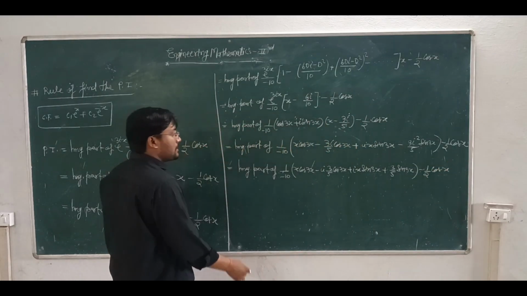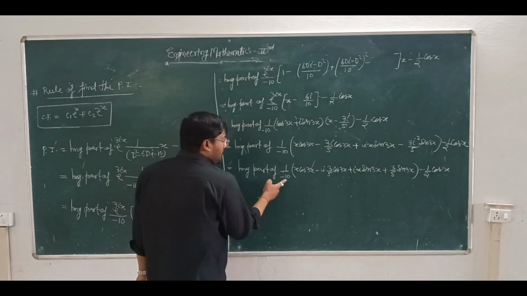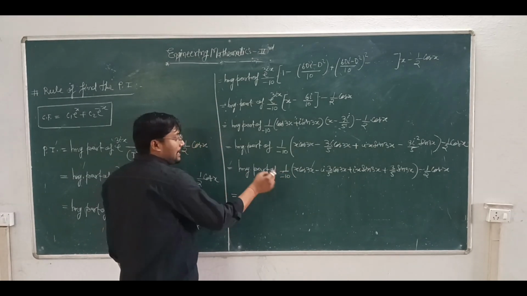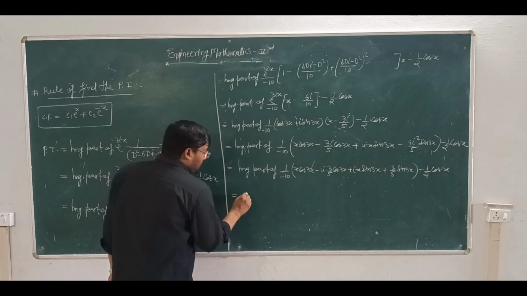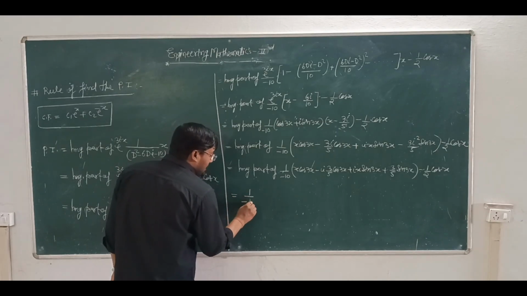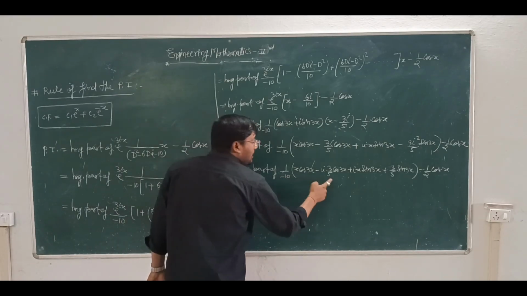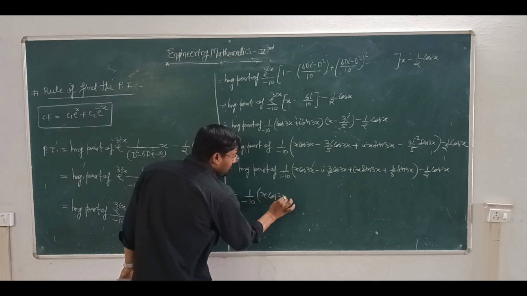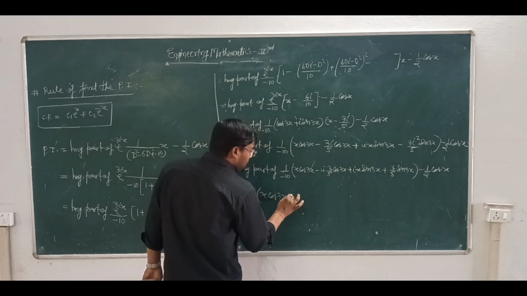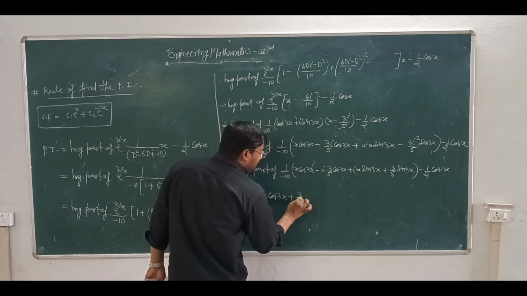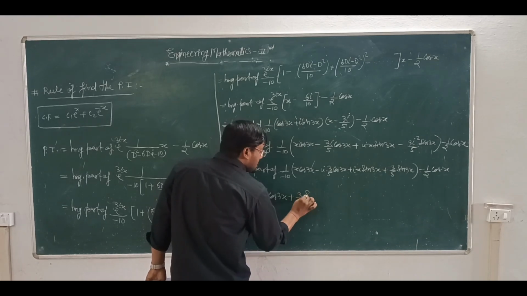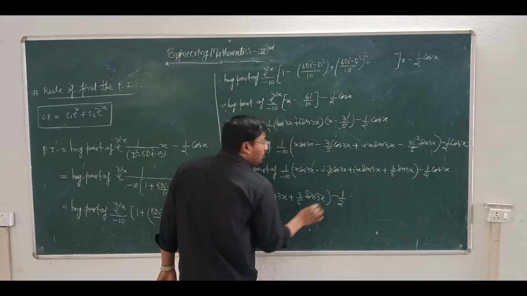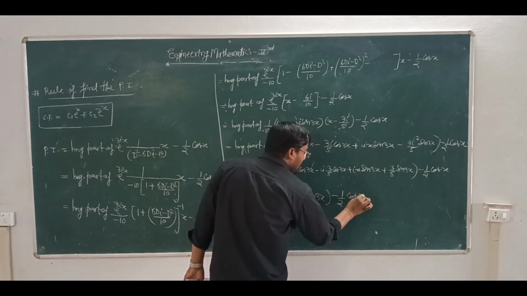Now you can write this: 1 upon minus 10, subtract all the i. Now you can write x cos 3x. Now again plus 3 by 5 sin 3x minus 1 by 2 cos x.